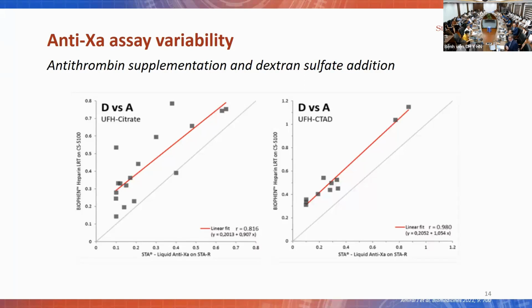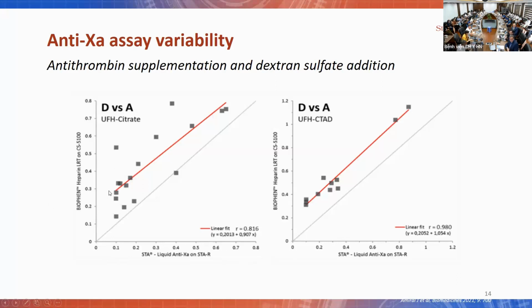And this is illustrated here, where you have results of anti-Xa measured with two reagents, one containing dextran sulfate, which is here on the y-axis, and one not containing dextran sulfate, which is here on the x-axis.